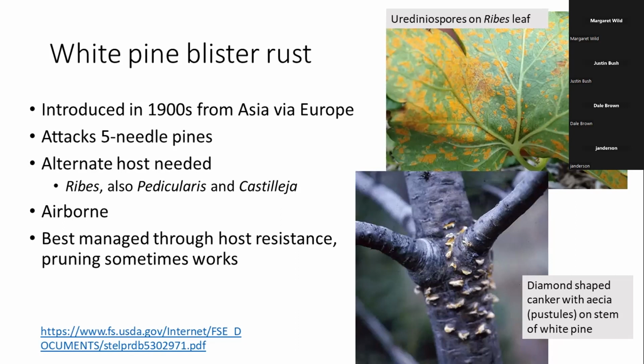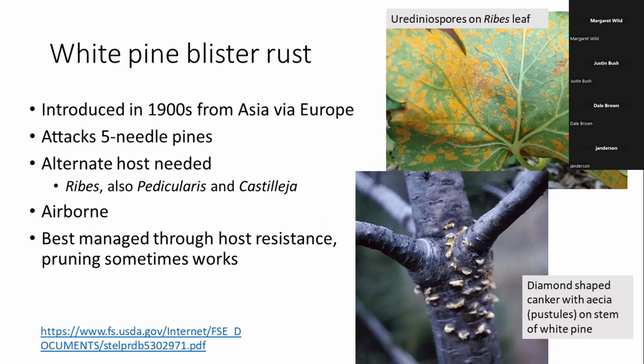The interesting thing about this organism is it needs to have an alternate host to complete its life cycle. That is most of the time species of Ribes or gooseberries that grow nearby. But occasionally a couple of other herbaceous hosts will support the spore stage of blister rust.